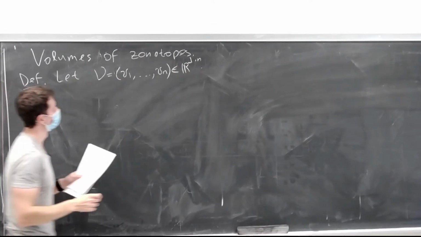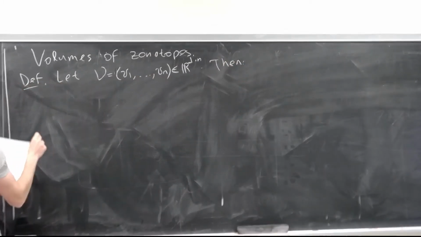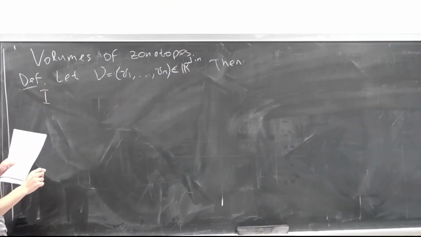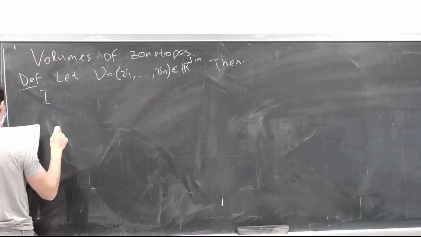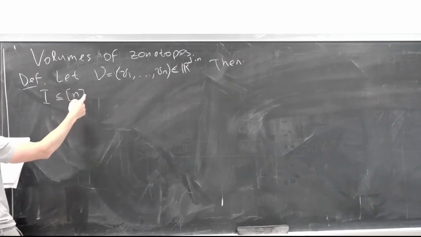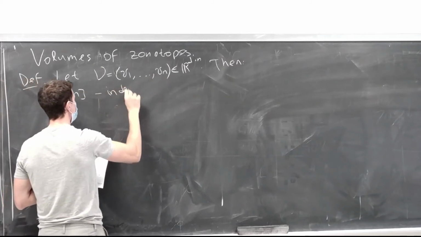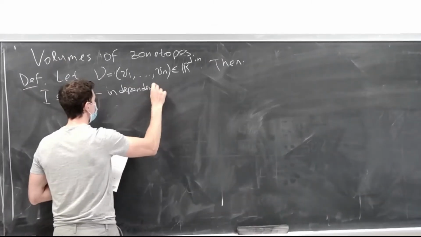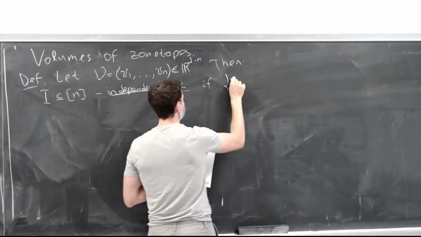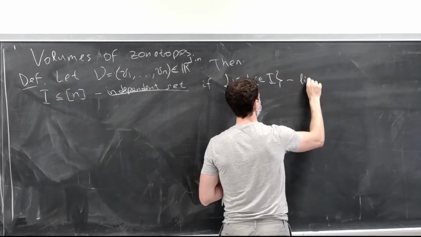And what I want to define is, previously I talked about circuits, but now let me define independent sets and bases of my vector configuration. By definition, a set I of integers, of these labels of vectors, is an independent set if the corresponding vectors are linearly independent.